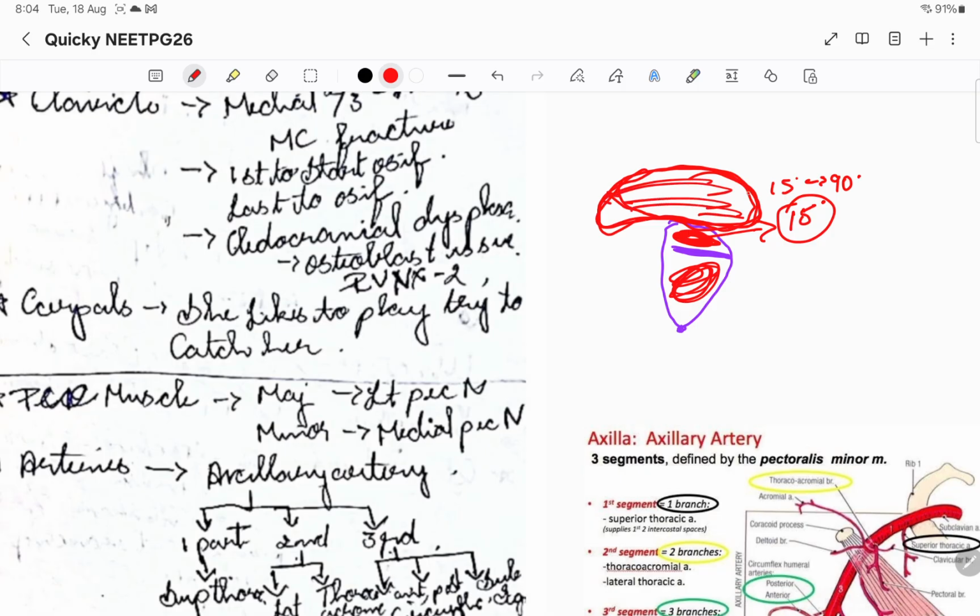So this delt is what does the 15 to 90 degree of movement. Then moving on, above, the trapezius muscle is there. Okay, this is all I'm telling from behind. We are seeing the human body from behind. So the trapezius and subscapular muscle. Forget the subscapular muscle for now. So the trapezius is what abducts the shoulder beyond 90 degrees.